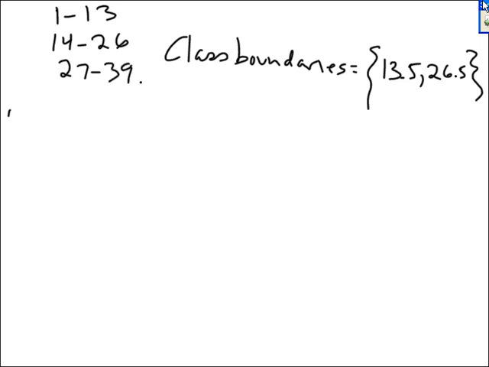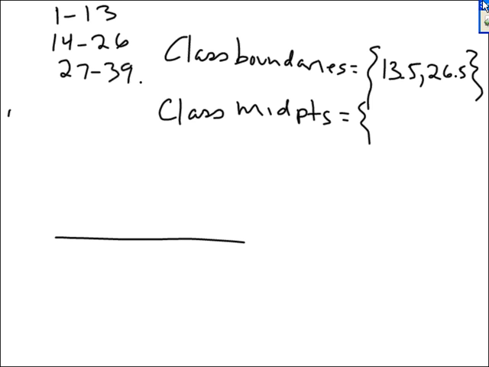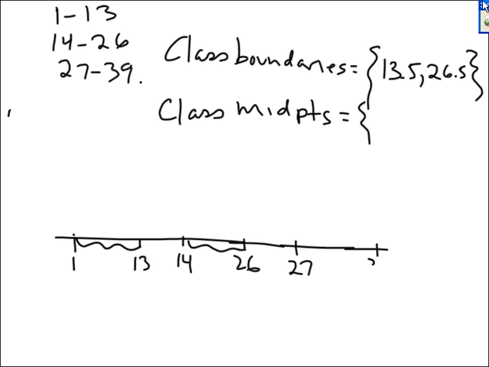Okay, what if you wanted to know, and this is an important one. Well, they're all important. What is the class midpoint? Well, one class goes from 1 to 13. Another one goes from 14 to 26, etc. In each of these classes, what is the midpoint?